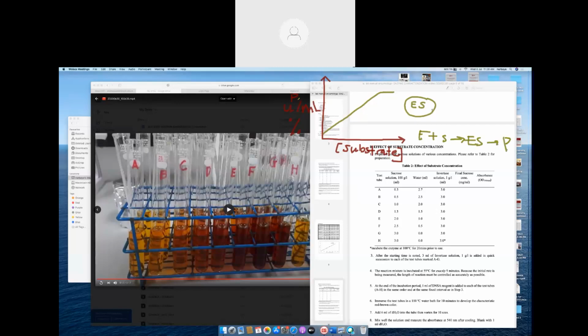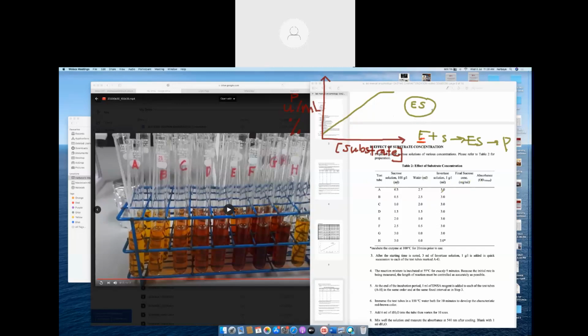In this case, we have a very limited E. We do not have enough E. For this experiment, we will find that the E is not enough once we increase the substrate concentration, but the amount of E stays the same.